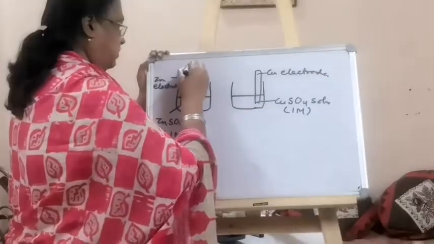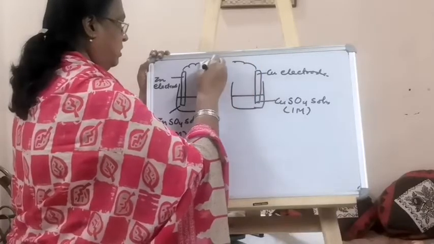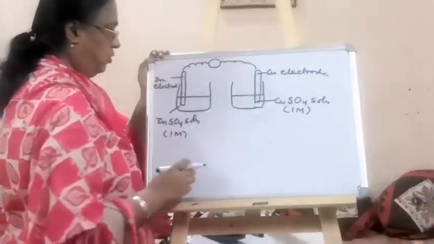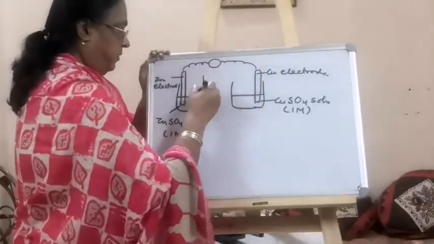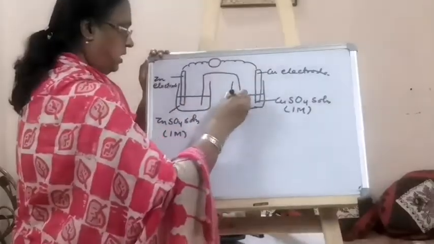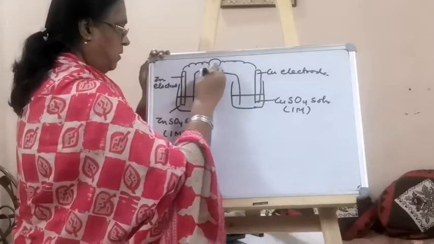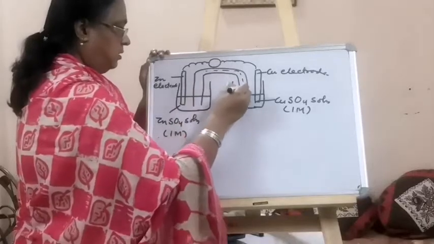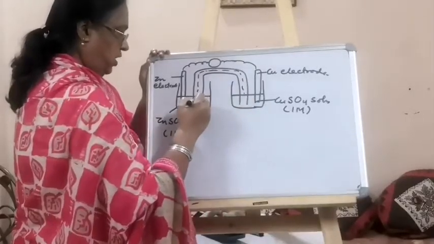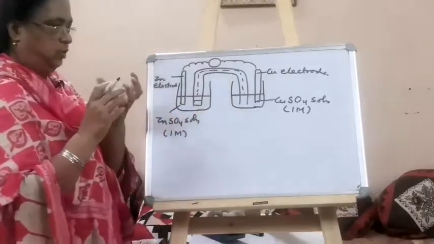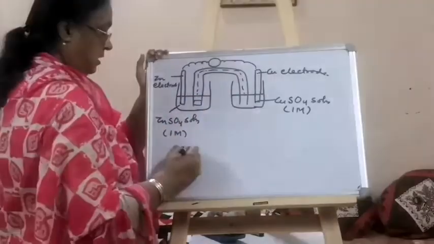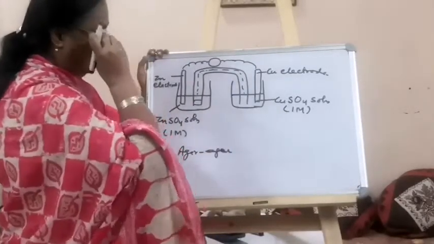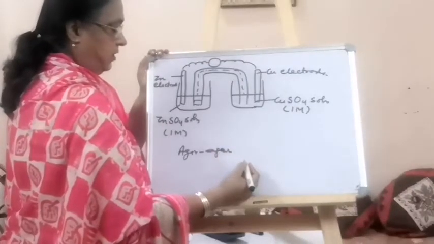Then these two are linked together through the galvanometer. The needle will be at 0, and now a tube is fixed, a glass U-tube, which is hollow and packed with a gel, agar agar gel, mixed with an inert electrolyte.